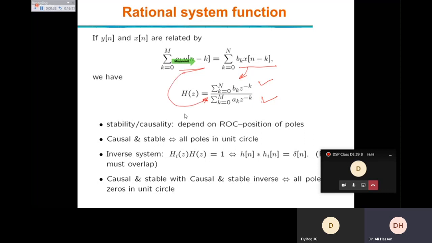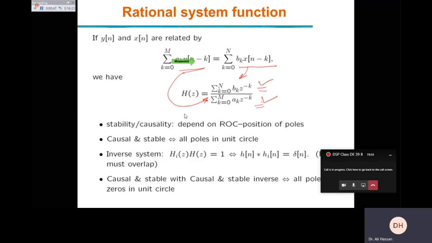So we know this much. And we also know that once you compute all the roots of the numerator and all the roots of the denominator, the roots of the numerator are called zeros of the system, and the roots of the denominator are called poles of the system.